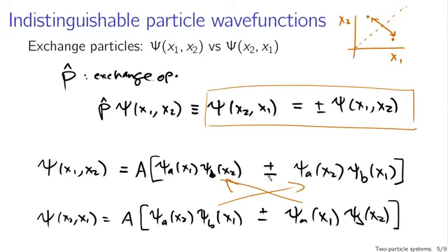If I use the minus sign, I have A1, B2 and minus A1, B2 in my exchanged version, whereas minus A2, B1 becomes plus A2, B1 in my exchanged version. So I flip the signs in my wave function if I use the minus sign when I calculate my exchanged form. So this trick for making indistinguishable particle wave functions from distinguishable particle wave functions actually always works.